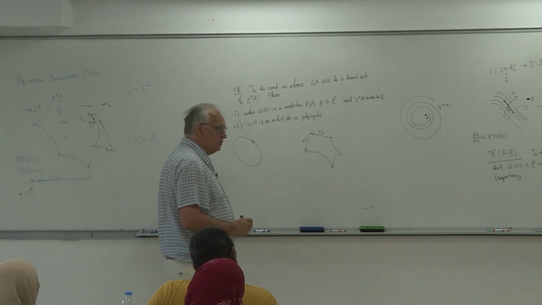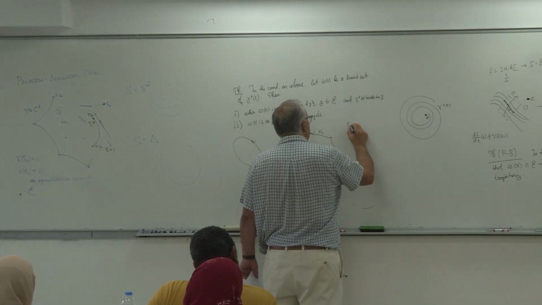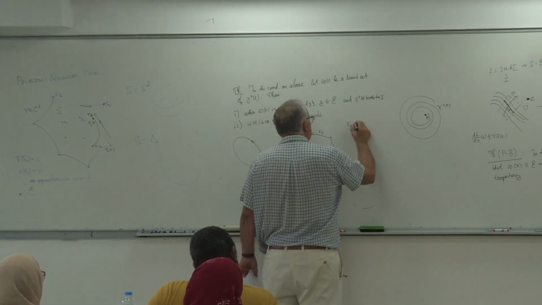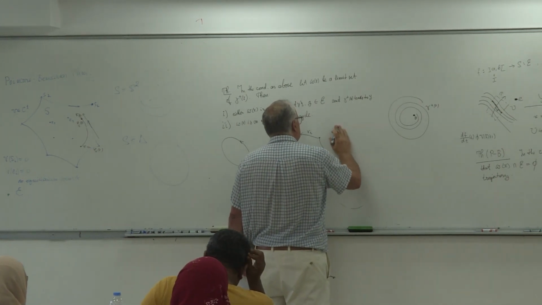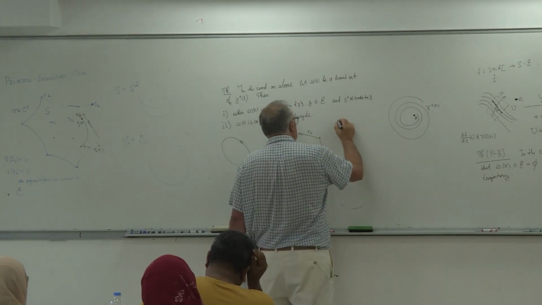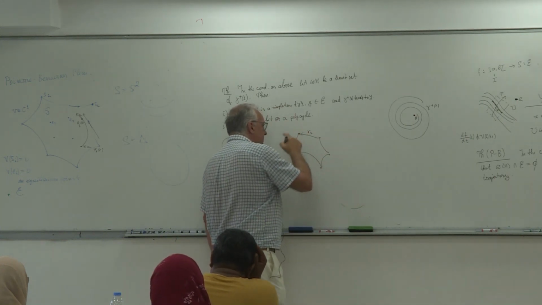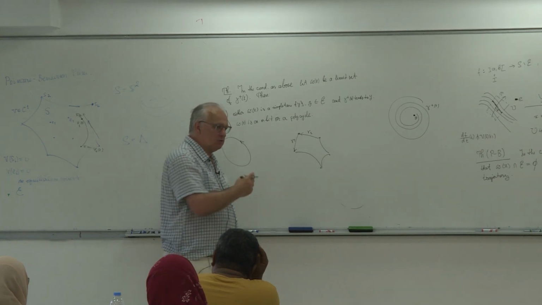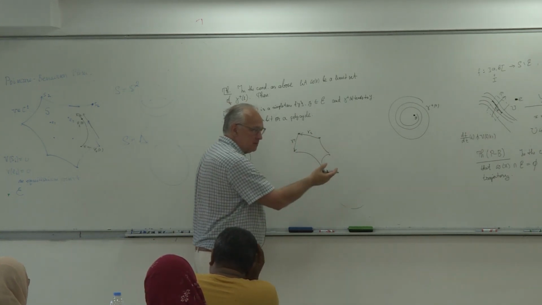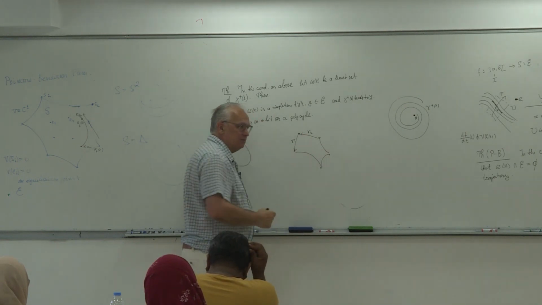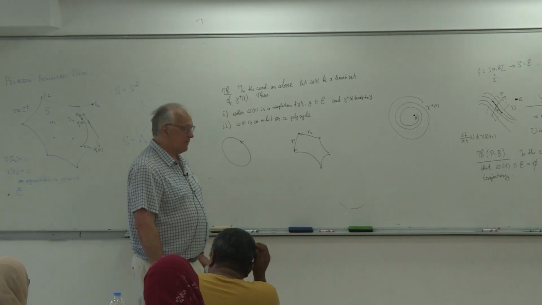And these trajectories are such that gamma 1 tends to one vertex when t goes to infinity and tends to another vertex when t goes to minus infinity. These are trajectories of our vector field. Okay, it can be also like that.